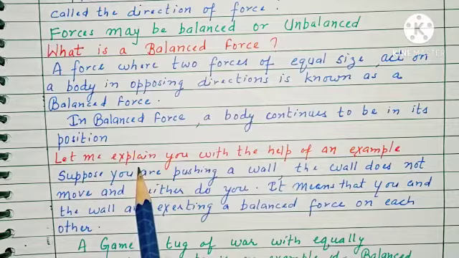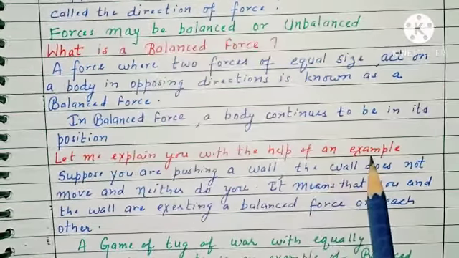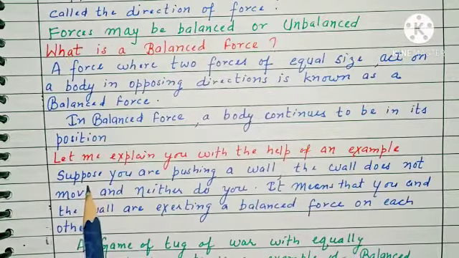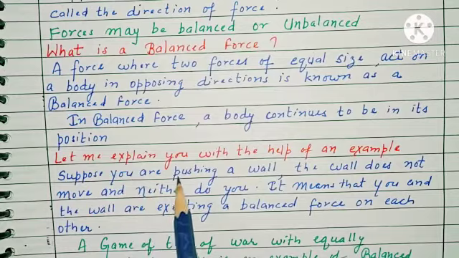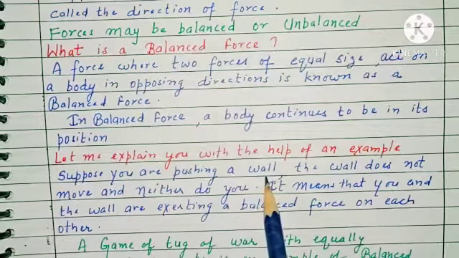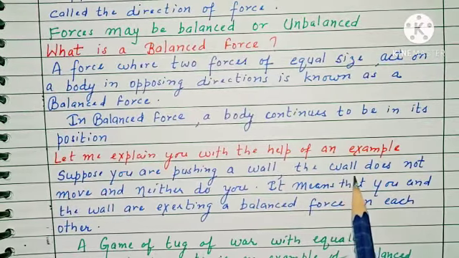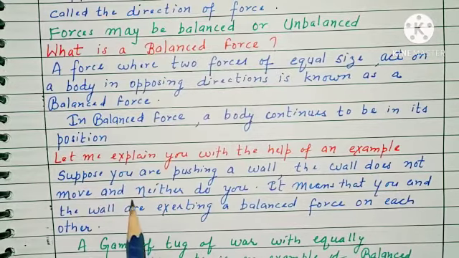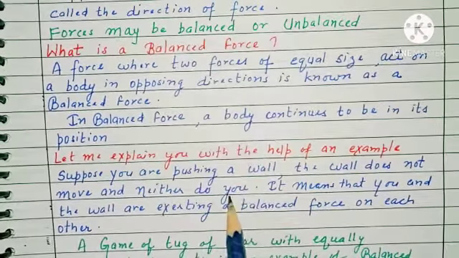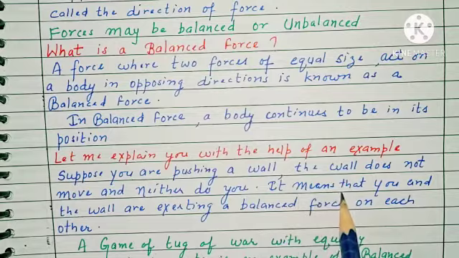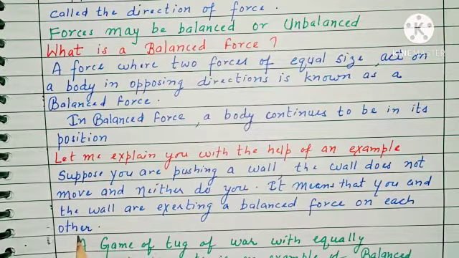Let me explain with the help of an example. Suppose you are pushing a wall. The wall does not move, and neither do you. It means that you and the wall are exerting a balanced force on each other.